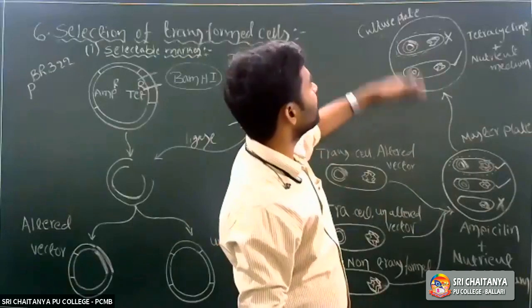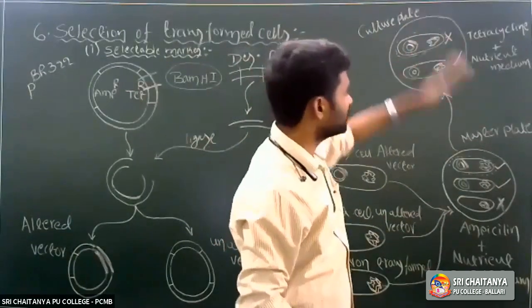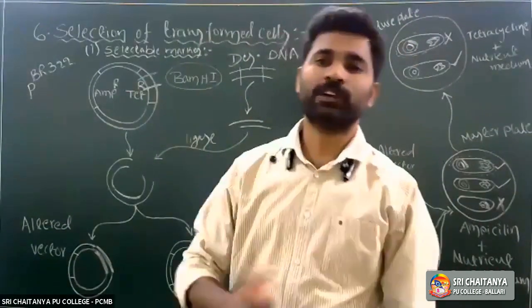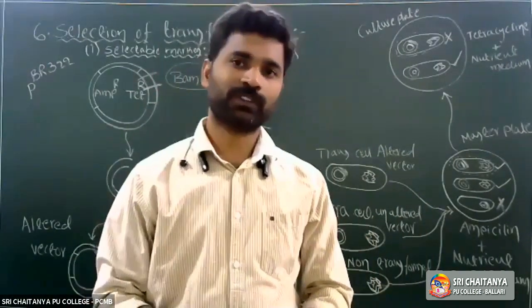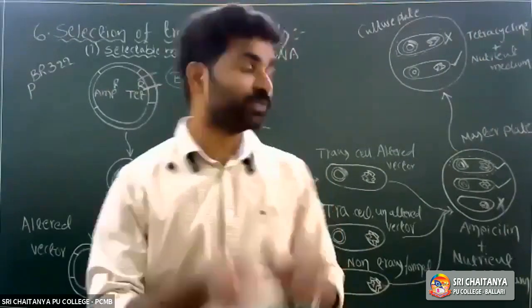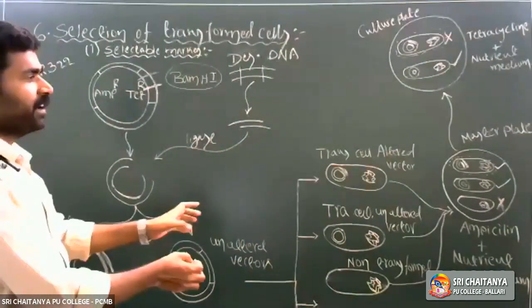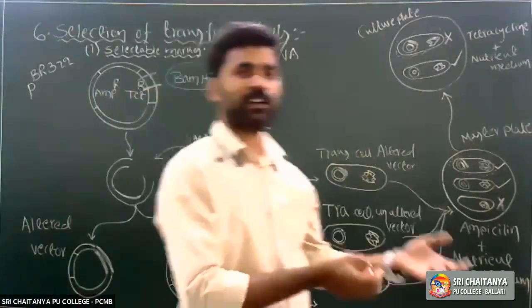And the bacterial cells which are present in both the culture plate and master plate are not required for further procedure or further process of rDNA technology. Right? So in this way, we collected recombinant cells from the non-recombinant cells.